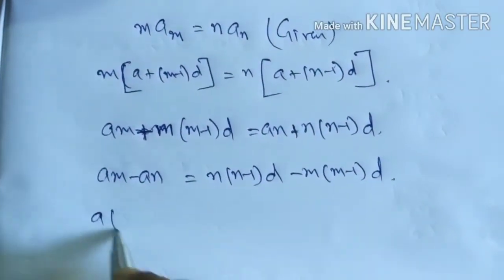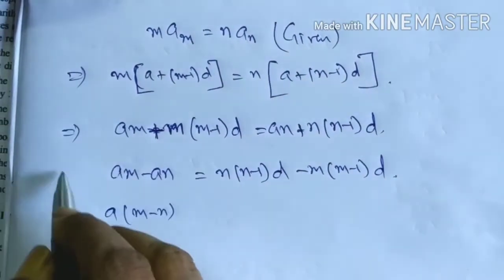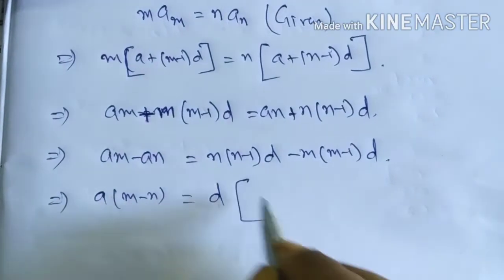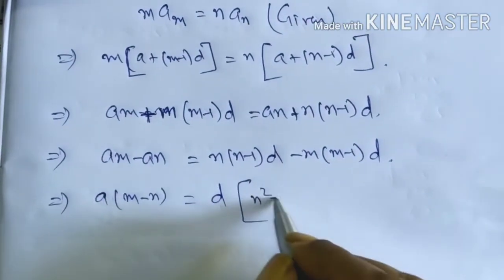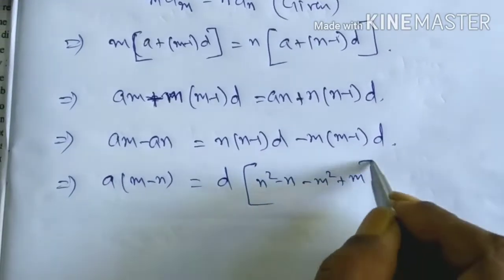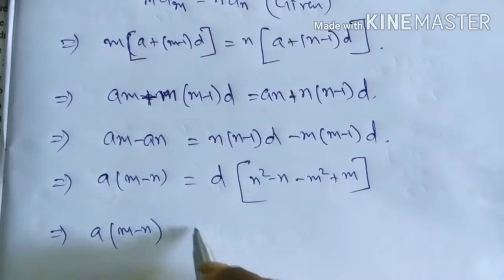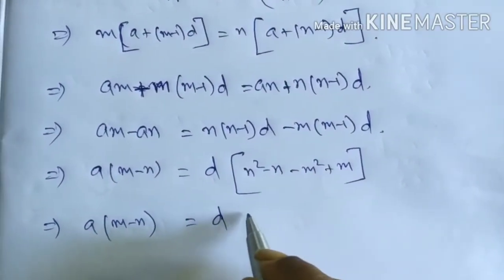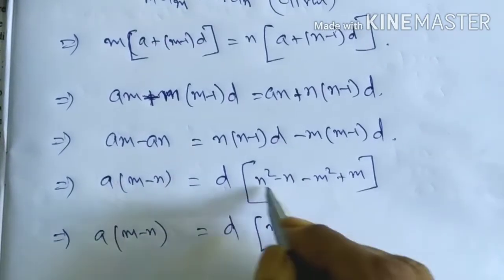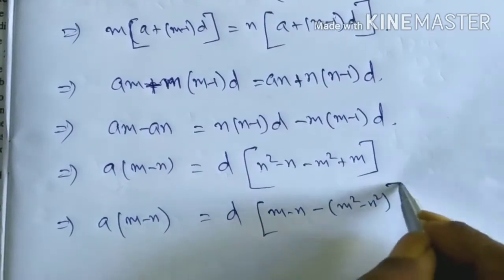Here a is common, giving a bracket m minus n, and here d is common, so n square minus n minus m square plus m, which is d, taking m minus n and the minus common, m square minus n square.